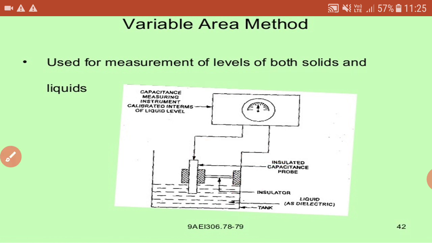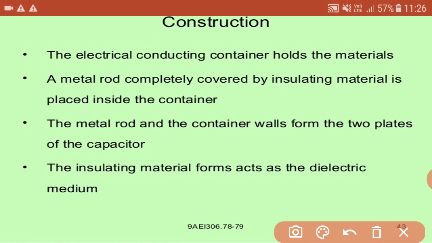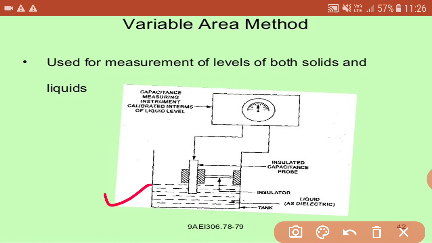Now let us start with construction. The electrically conducting container holds the material. It means this container is electrically conducting and it holds the material. We can see here the material is held.